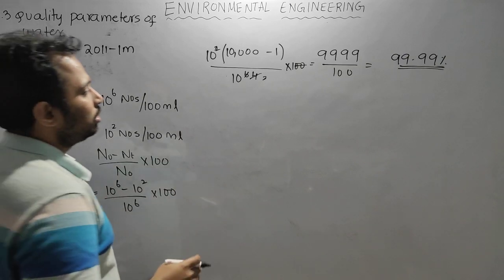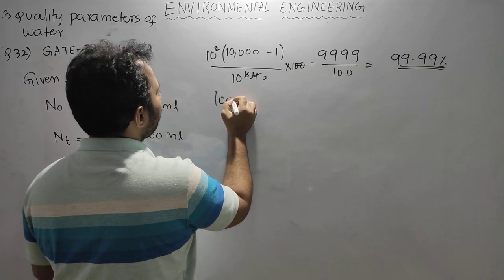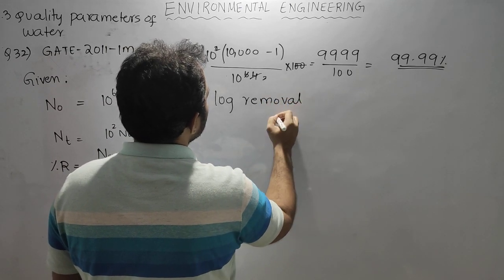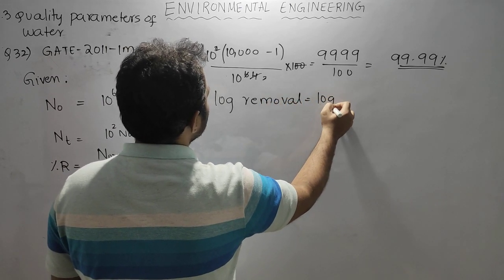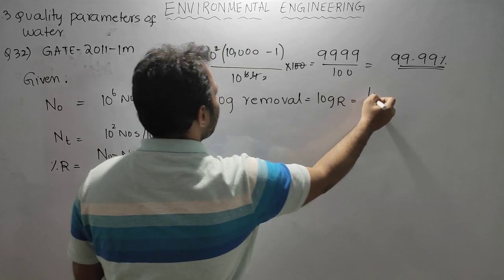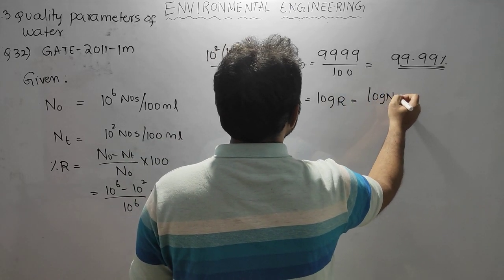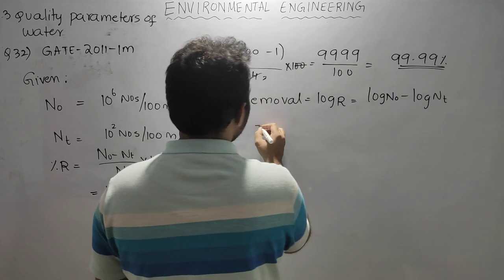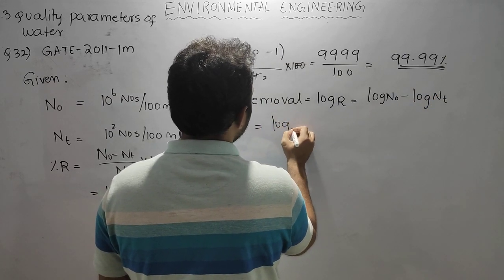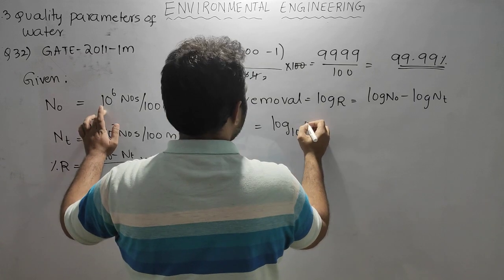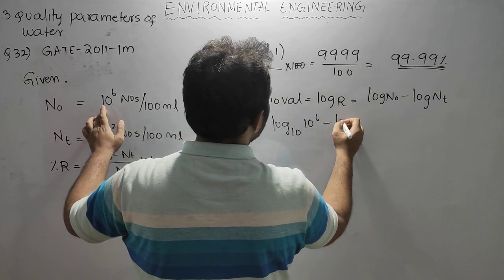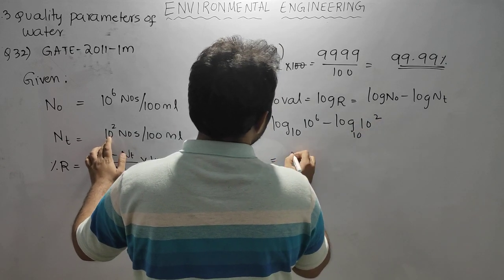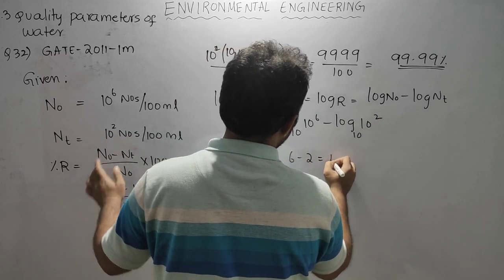So what is log removal? I told you already, log R is equal to log N naught minus log NT. Log to the base 10 of N naught is 10 to the power of 6, minus log NT, 10 to the power of 2, which is 6 minus 2, that is equal to 4.